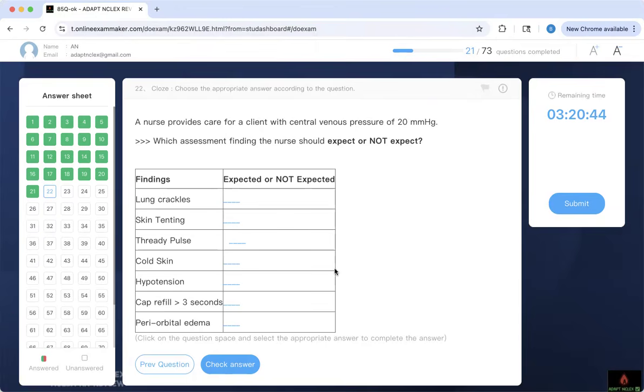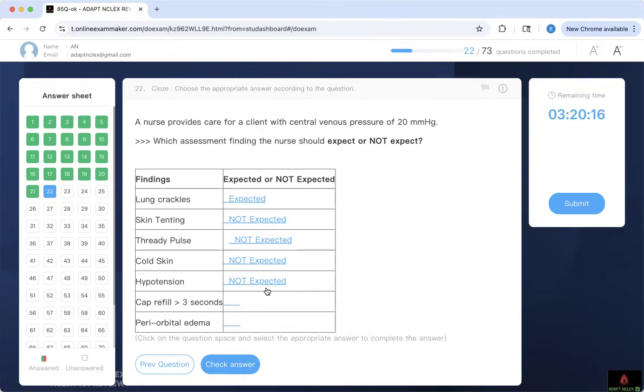If I'm fluid overloaded, what am I going to see? Lung crackles. My skin is not going to tent, right? It's not going to do that. Not expected. My pulses are not going to be thready because I'm fluid overloaded. My skin is not going to get cold. My blood pressure is going to go up.